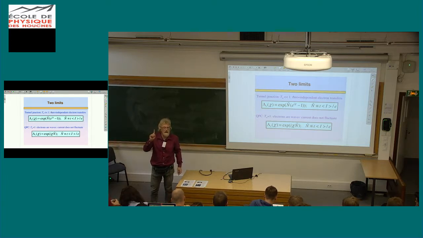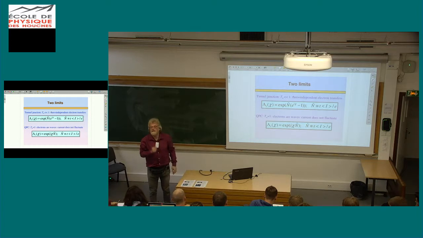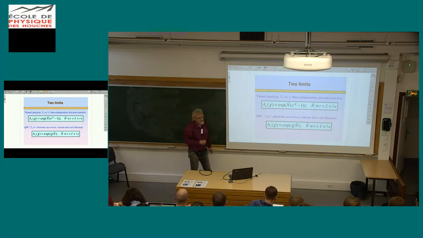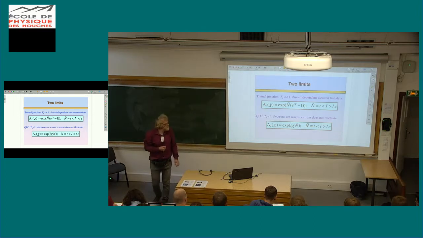That means that they are independent, precisely. So in the tunnel limit we have simple Poisson statistics of independent transfers.